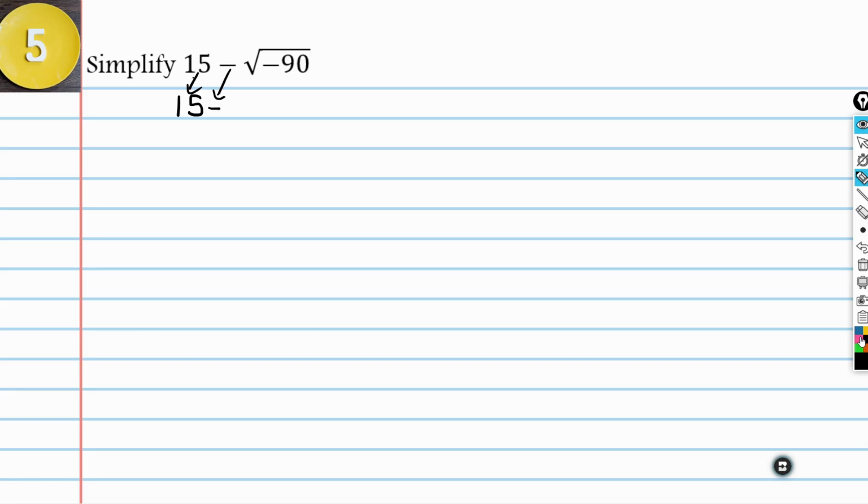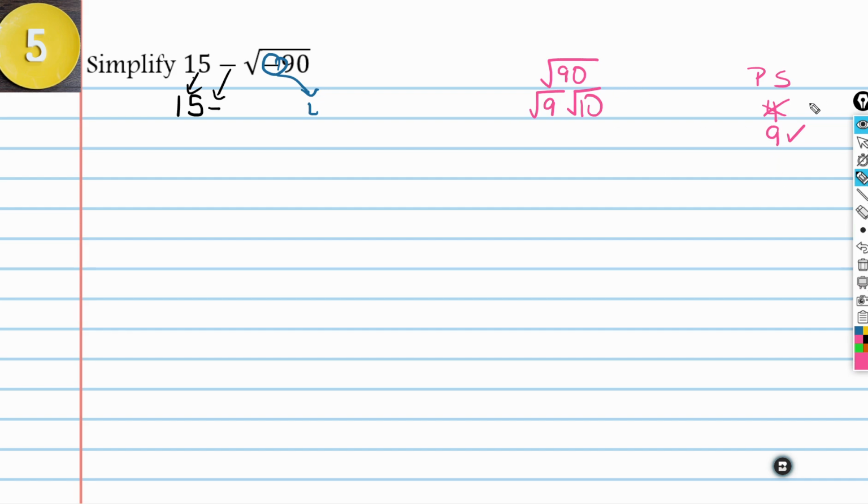Now, I'm looking at simplifying my square root of -90. The negative becomes the i. Now let's simplify the square root of 90. I look at my perfect squares list. 4 won't work. 9 does. So the square root of 9 times the square root of 10.